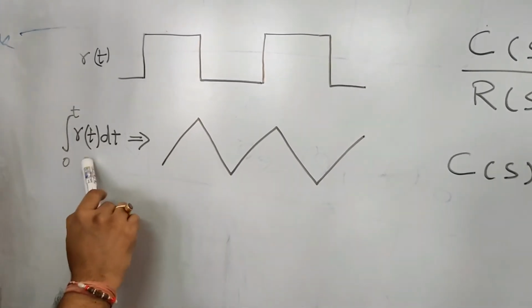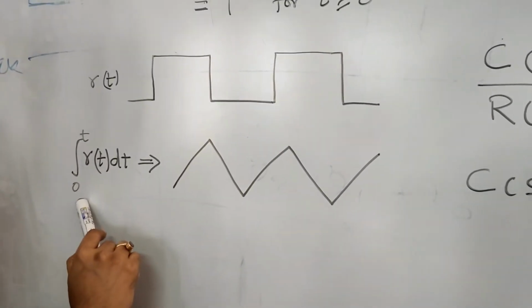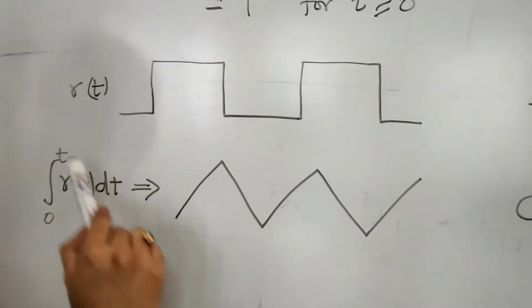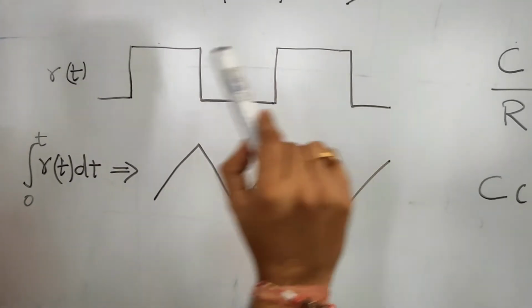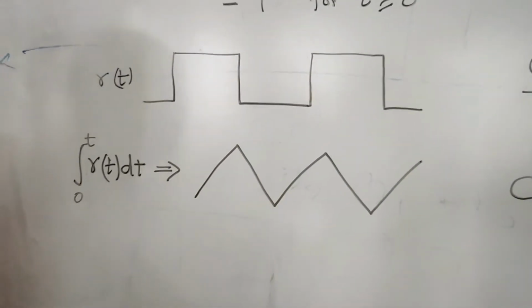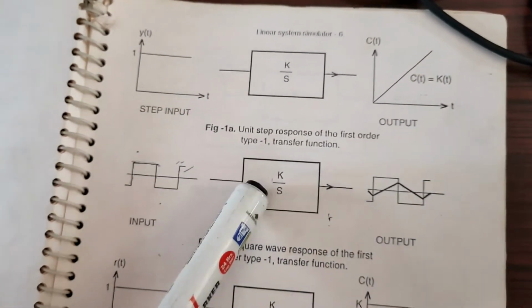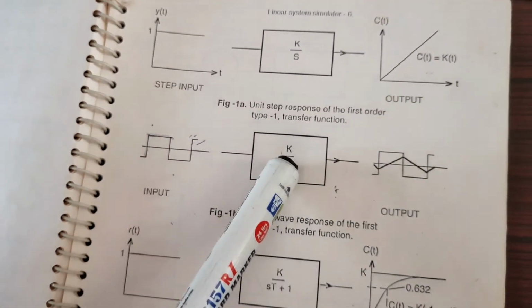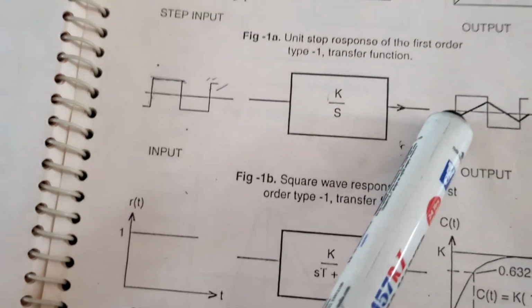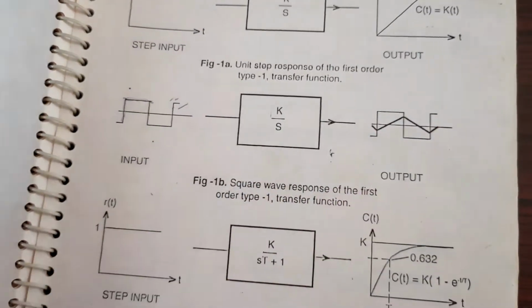So integration of r(t) dt from t is equal to 0 to t, we will see it like this. As I said earlier, if we are applying a square wave input to an integrator k by s, where k is gain, then we are getting a ramp output.